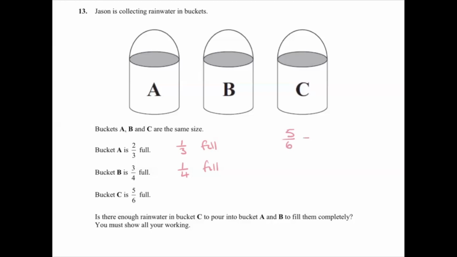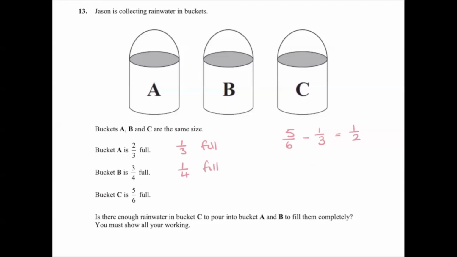If I take off 1/3, that's what's going to go into A. I can just put that straight in my calculator, guys. I don't need to mess around with my non-calculator methods because I'm on a calculator paper. So you can just throw that straight in and it is going to give you 1/2 as your answer.